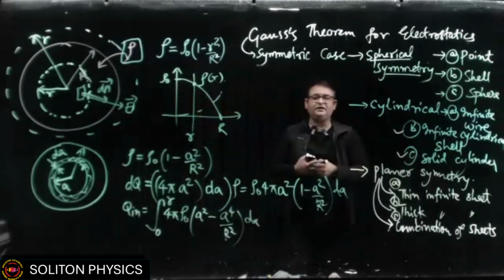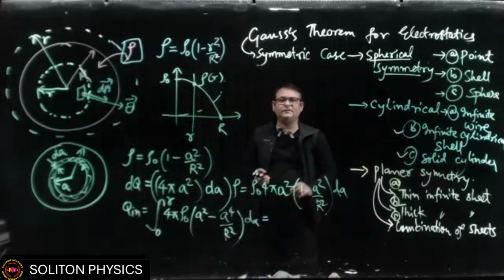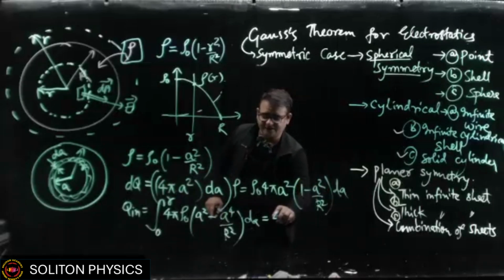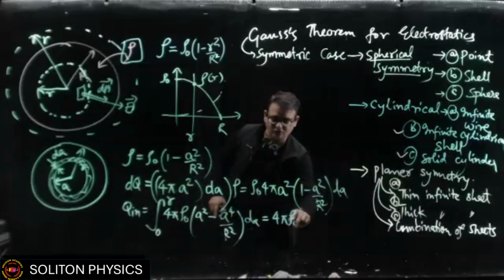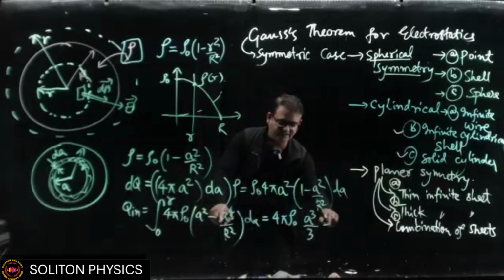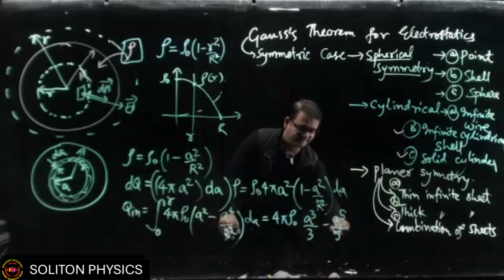Is this point clear? Now this is the only important point. So this becomes 4 pi rho naught (a cube by 3 minus a to the 5 by 5 R square).